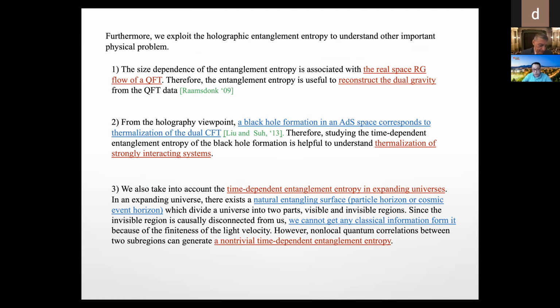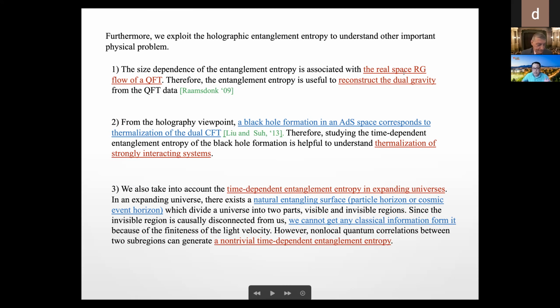But we can also apply entanglement entropy to dynamical systems. There are several examples. Related to holographic entanglement entropy, we have some important issues. One is that entanglement entropy is related to an RG flow in real space, because in the entanglement entropy description the energy scale is given by the length in real space.